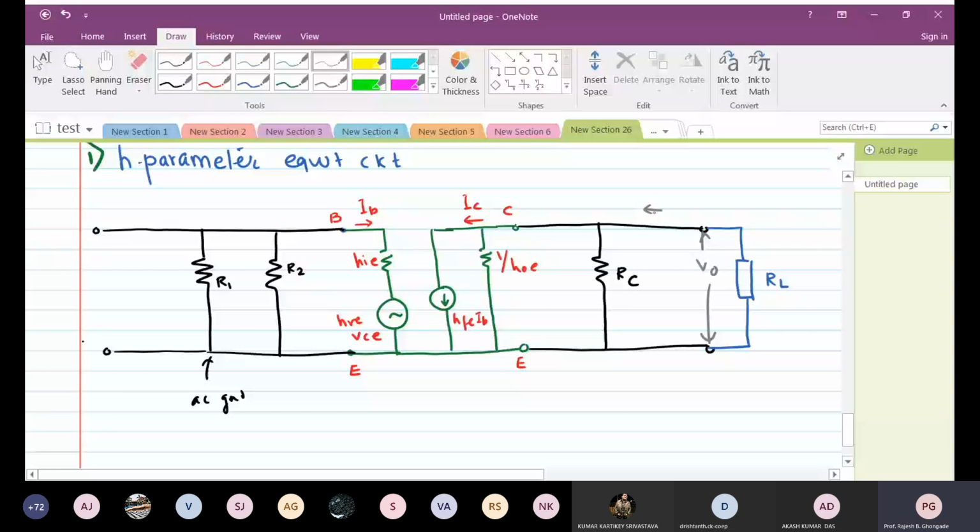To be more precise, it flows here like this. So this is going to be your IC. IB is fine.